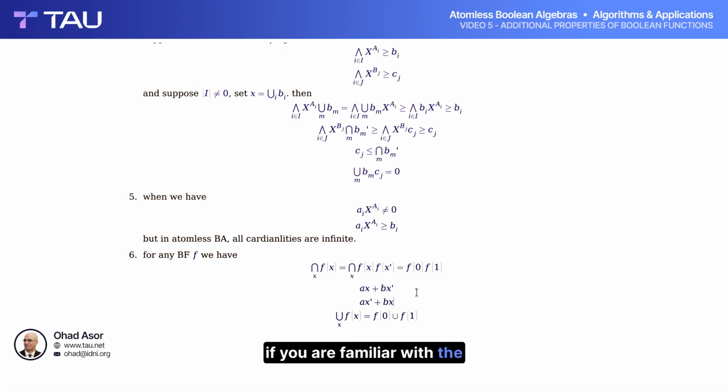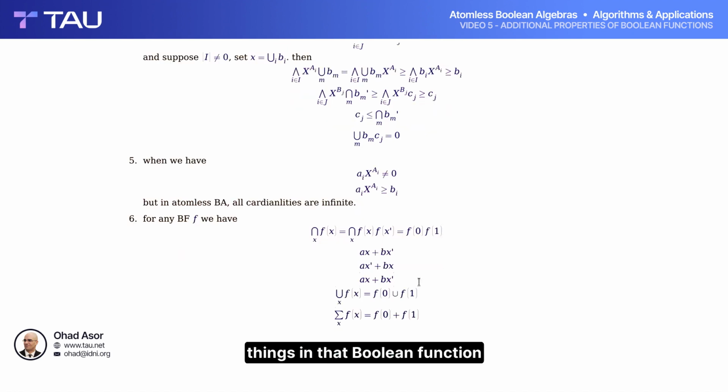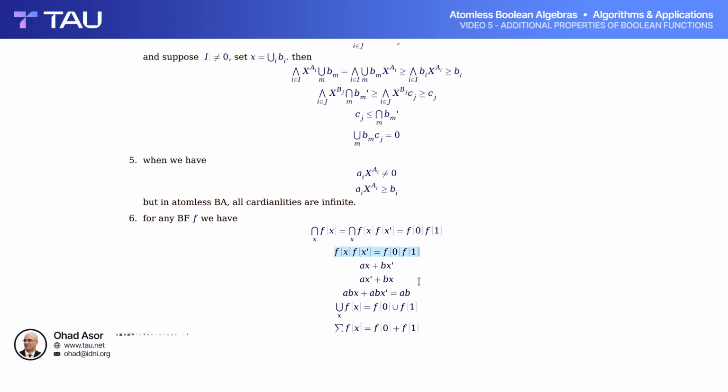Now, if you are familiar with binary decision diagrams, then you know how to easily multiply or do any Boolean operation over Boolean functions that are written like this in Boole's normal form. Just multiply the coefficients very trivially. So here the coefficient of x' is b, here it's a, so here just comes ab. And similarly here will just come ab. Now abx plus abx' simply equals ab. And what is ab? Well, ab is nothing but f(0)f(1). So in particular, we get this identity.